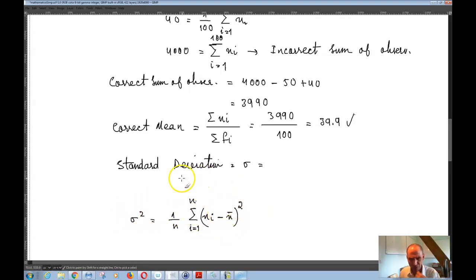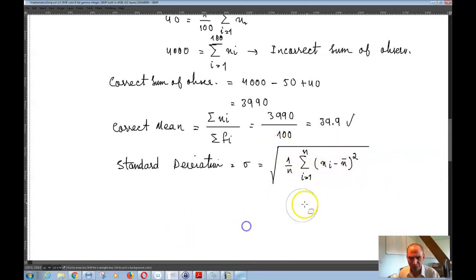That is the variance. So if you take the square root of this, that becomes the standard deviation. So I can write the square root of 1 over n sigma of x of i minus x bar, all squared, as i goes from 1 to n.